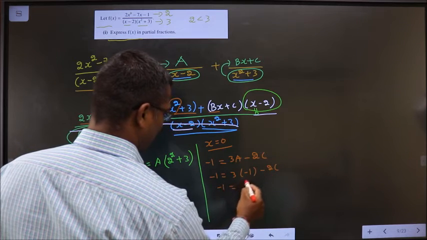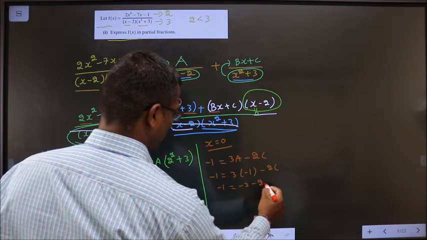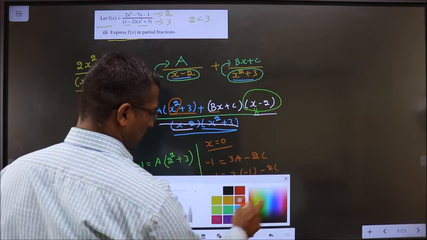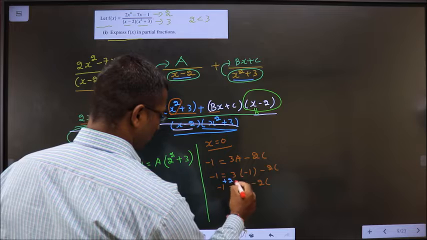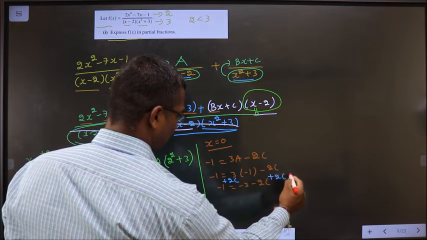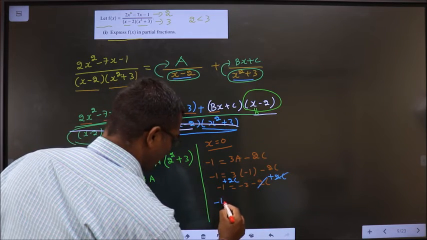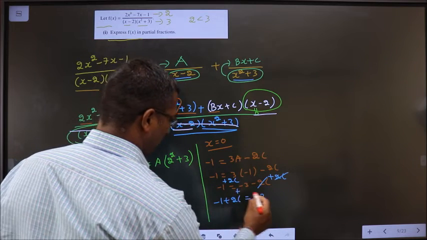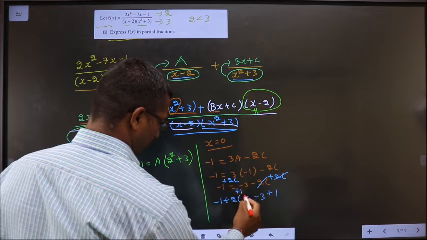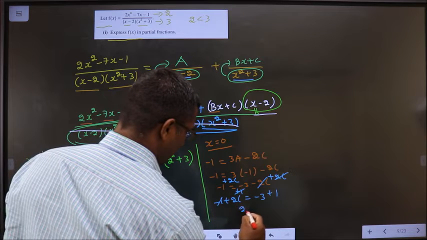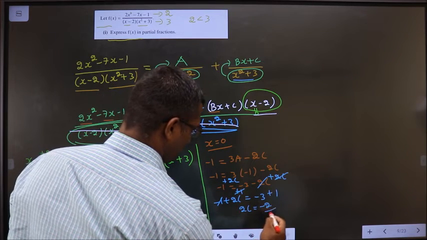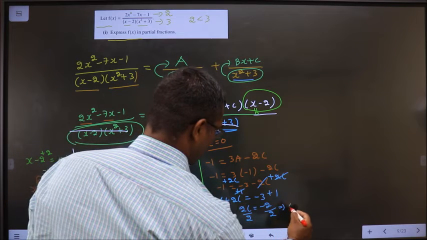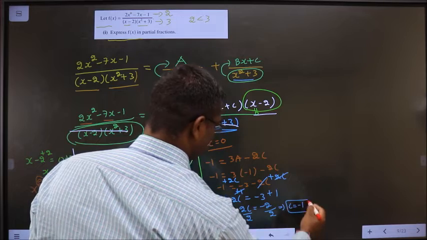So minus 1 equal to minus 3 minus 2c. Now add 2c on both sides. So plus 2c and plus 2c. This cancels out. Minus 1 plus 2c equal to minus 3. Now add 1 on both sides. So here this cancels out, 2c equal to minus 2. Now divide by 2. That implies c is equal to minus 1.